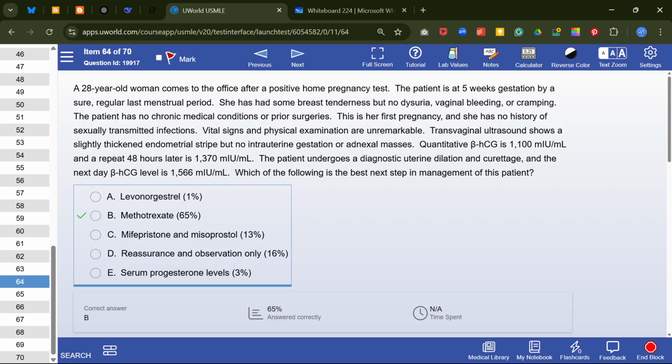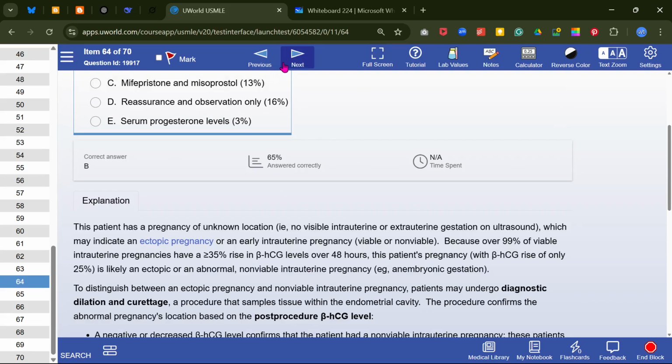It looks like ectopic pregnancy. As this patient is hemodynamically stable and has no other contraindication, we can give methotrexate.